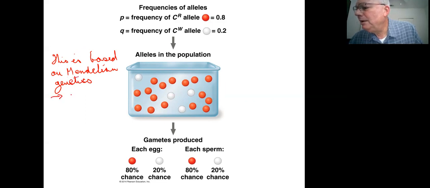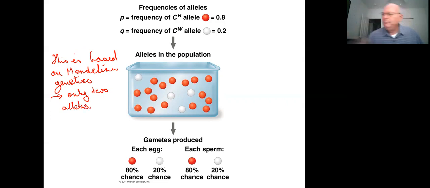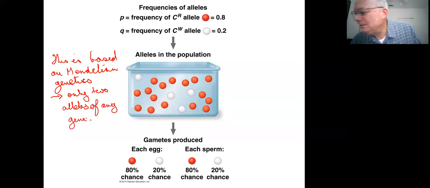And the implication of that is only 2 alleles of any gene, because that was the one thing that Mendel stated. And the reason why this was based on Mendelian genetics was because at the time, Mendel's genetics principles were the only genetics principles that were widely understood and widely accepted.